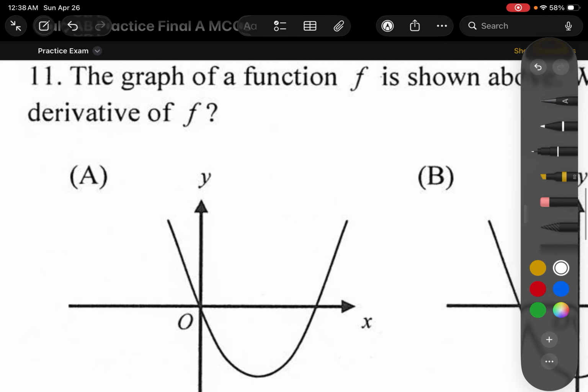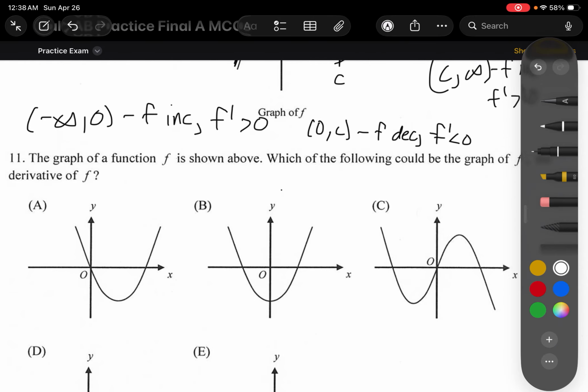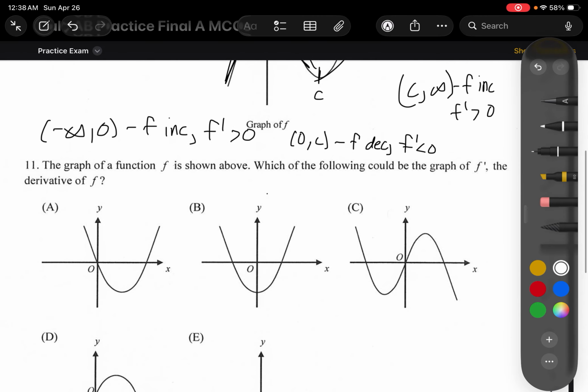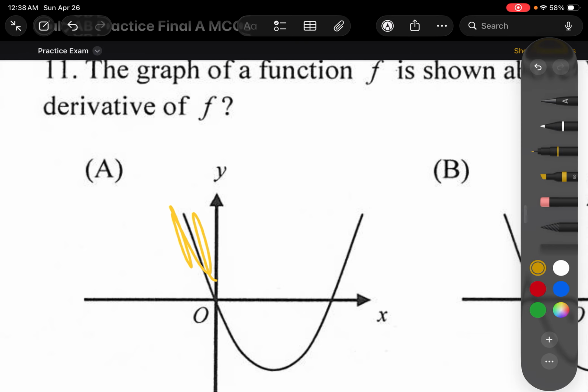So let's see. From negative infinity to 0, is f prime greater than 0? Yes. Why? It's because since we're already on the graph of f, we just need to check if the interval is either on the top of the x-axis or on the bottom of the x-axis.